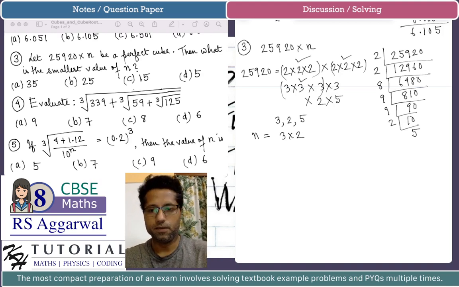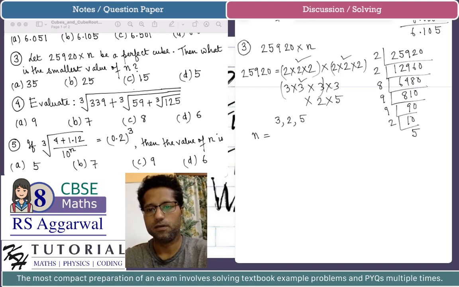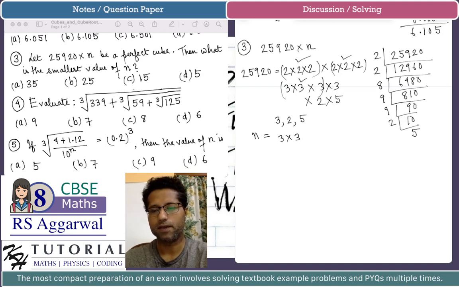Okay, so we have to create the triplets. Whatever the factors we are having which are not part of the triplets, which in this problem are 3, 2, and 5, from these factors we have to create triplets by multiplying some prime factors. So to make a triplet, we have to multiply with 9, that is 3 into 3 into 3.